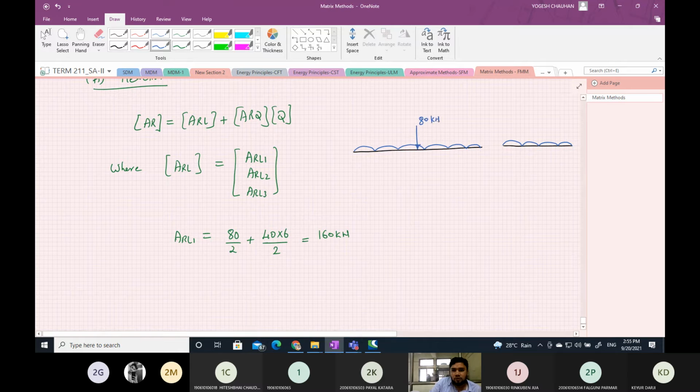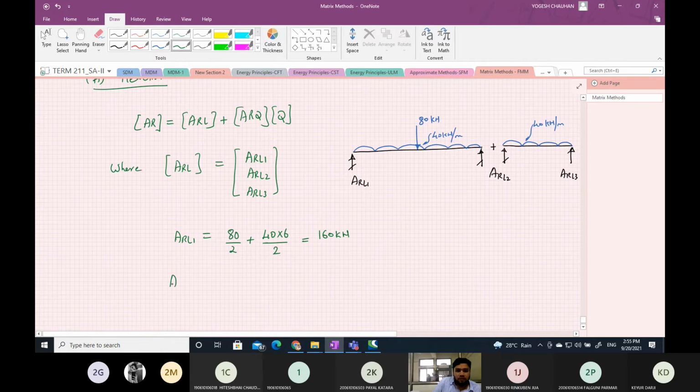This is 80 kilonewton, this is 40 kilonewton per meter. You can separate also. This will be ARL1, and the sum of these two will be your ARL2, and this will be ARL3. So ARL1 will be equal to 80 by 2 plus 40 into 6 by 2, that is 160.